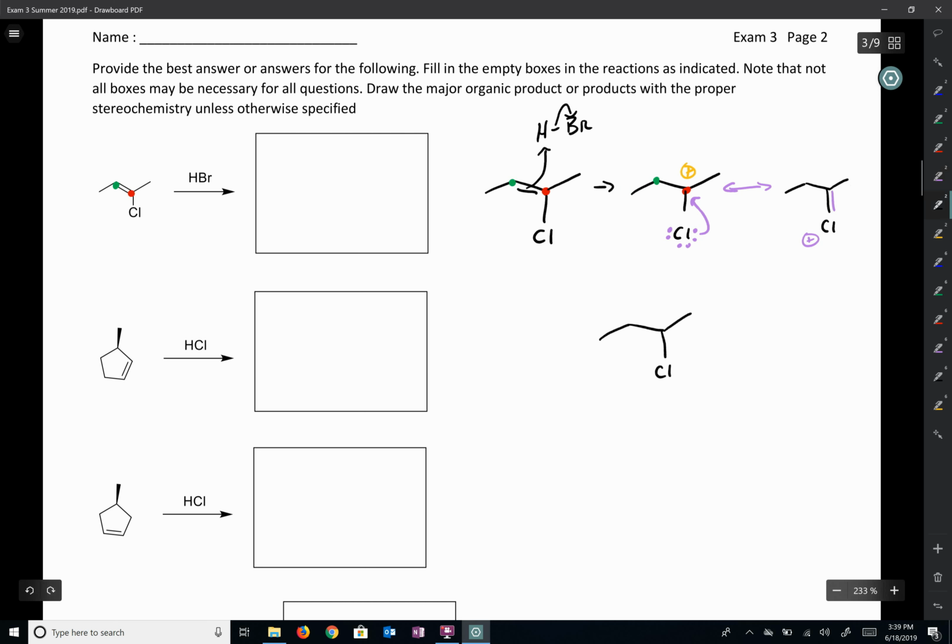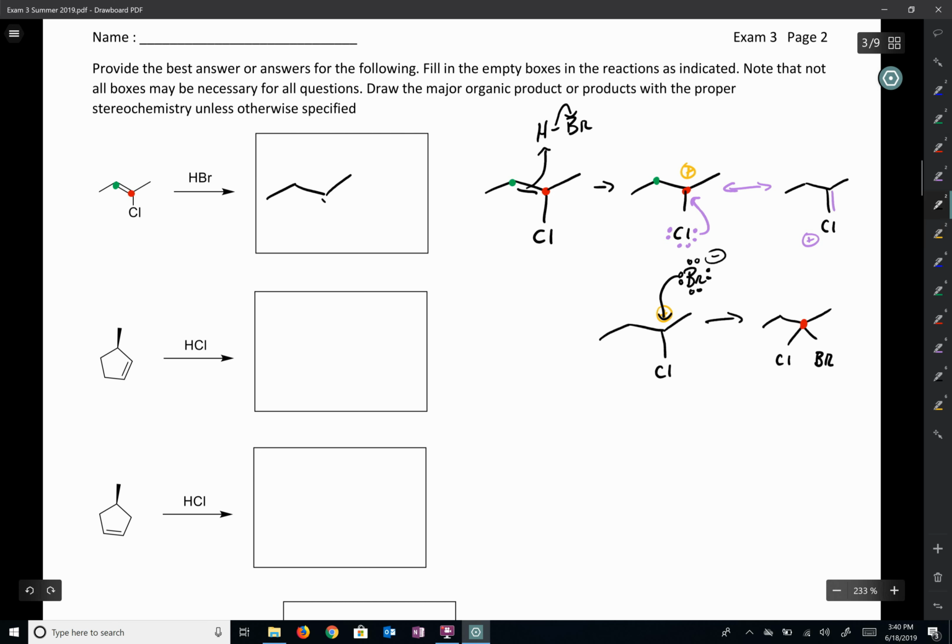So here's the best, most stable carbocation. We just finish this up by bringing in our nucleophile. All right, boom, boom, ClBr. So that's what most of our product's going to look like.